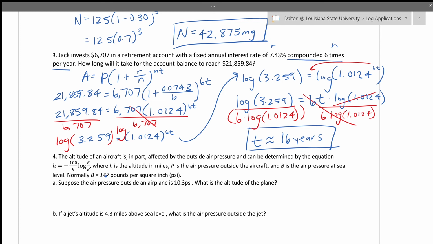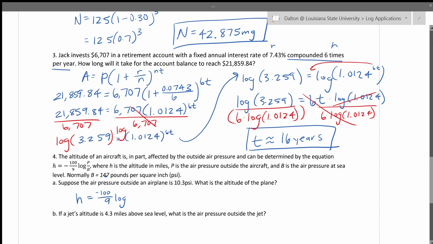Part A, suppose the air pressure outside an airplane is 10.3 PSI. What is the altitude of the plane? So again, altitude is H. That's what we're looking for. So H equals, I'm just copying the formula here, negative 100/9 times the log of, now, P over B. P, it said, stands for the air pressure outside the aircraft.